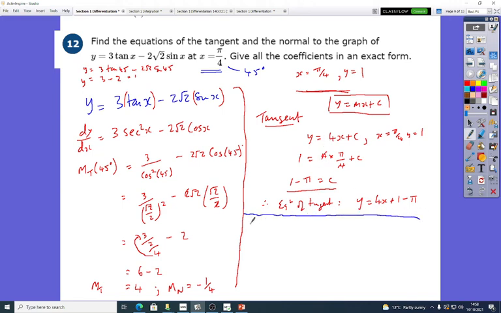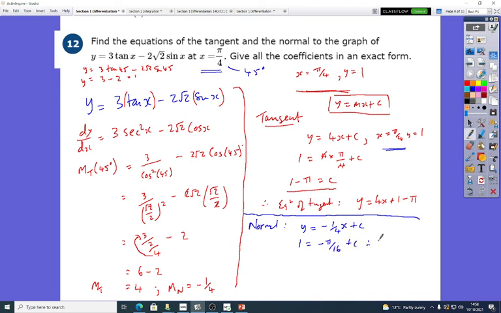Now, if I want the normal, I'm going to do the same thing, but this time y equals minus 1/4 x plus c. Again, I'm going to sub in these points: y equals 1. This time, just be careful, that's a quarter times pi over 4, which gives minus pi over 16 plus c.